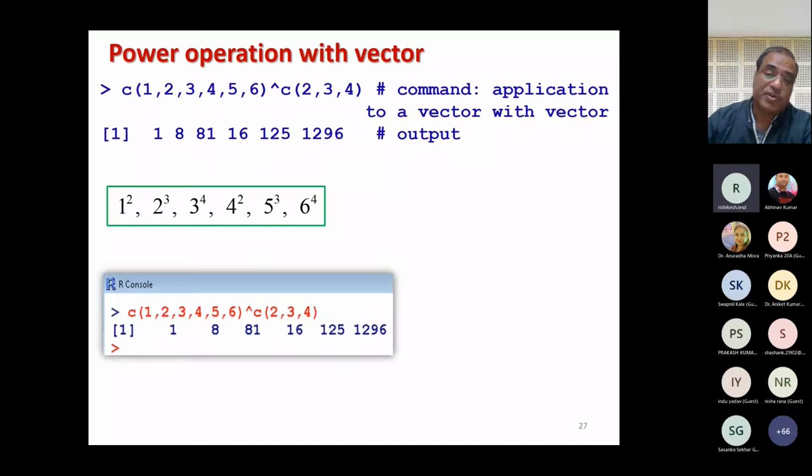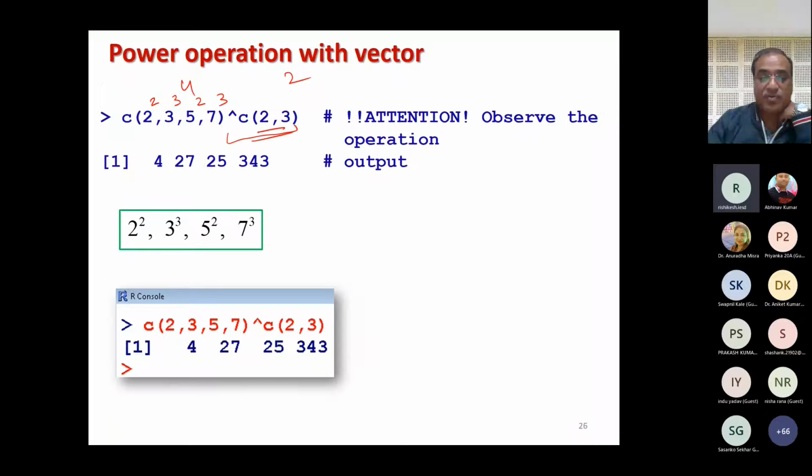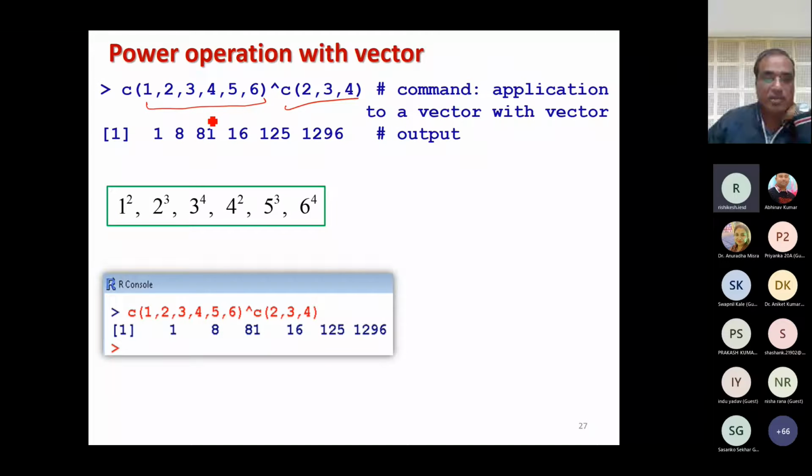Similarly, if you take a number of elements in the second data vector which is not an exact multiple of the number of elements in the first data vector, the same thing happens. Here, instead of 4 and 2, you can also take 6 and 3. So 2, 3, 4 will be applied here, and then 2, 3, 4 there, and you get this outcome.